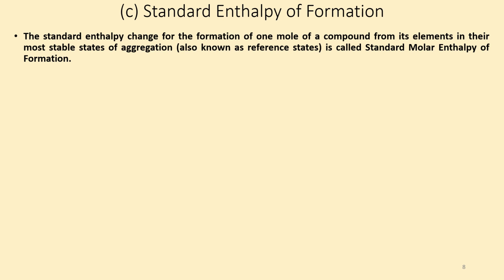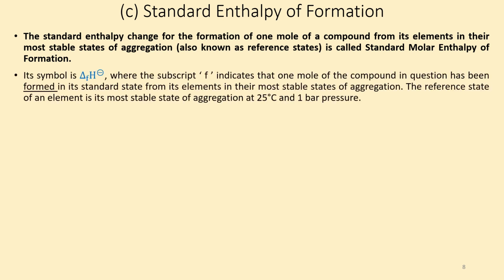So the standard enthalpy of formation of 1 mole of compound from its elements in their reference state is called standard molar enthalpy of formation. Its symbol is delta subscript f H naught.